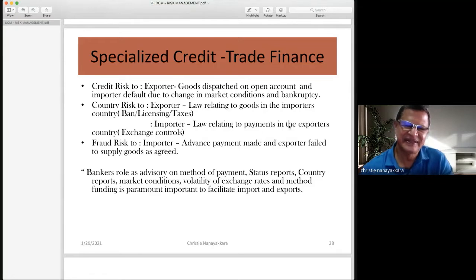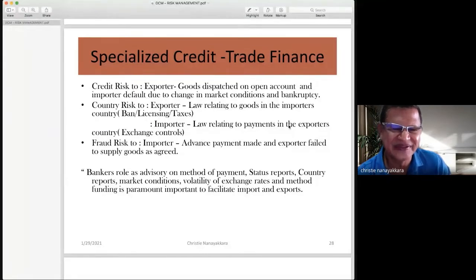One example I can give you is that most Sri Lankan teas are sent on this open account. So our exporters of tea take that risk by sending the goods on open account, relying that the importer in that country will pay them. To avoid that, there are certain methods they follow.